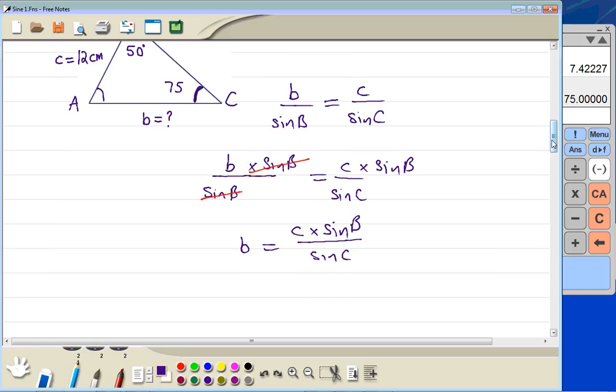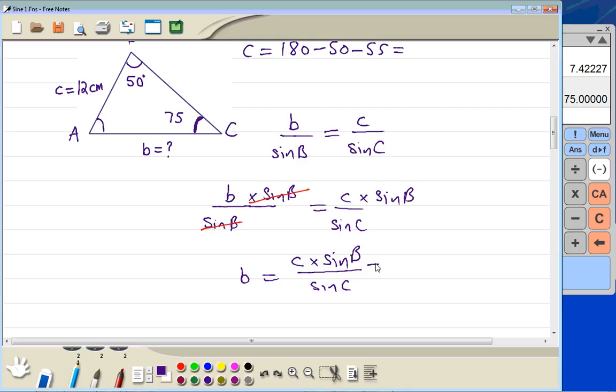Then you can substitute your numbers. C is 12 times sine, angle B is 50, divided by sine C, and C is 75.